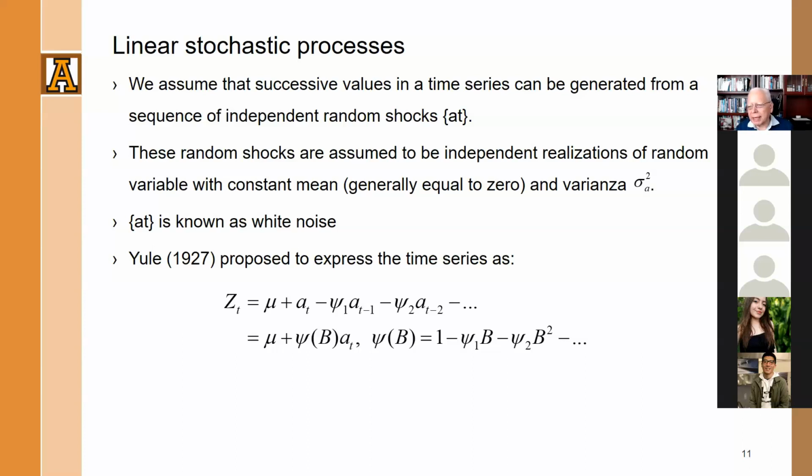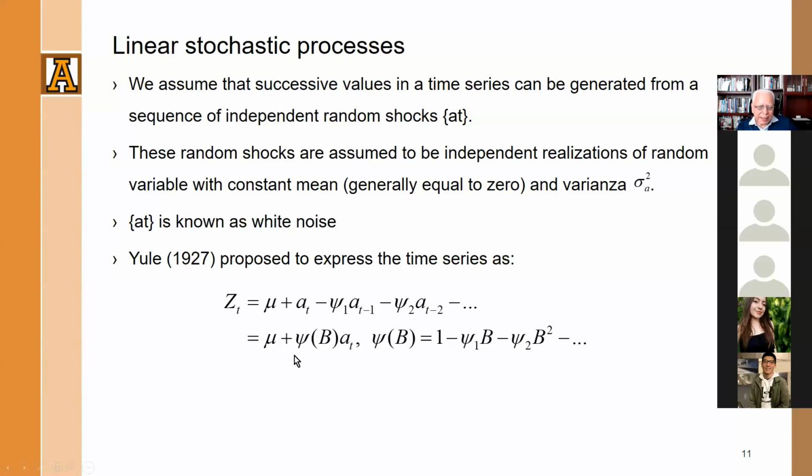Certain properties have to hold, and we'll look at those properties. So here I have mu plus A_t minus psi1 A_(t-1), minus psi2 A_(t-2), and so on. And I can write this as mu plus psi of B, a polynomial, psi of B of A_t. And this polynomial is 1 minus psi1 B minus psi2 B squared minus psi3 B cubed minus psi4 B to the fourth, and so on.